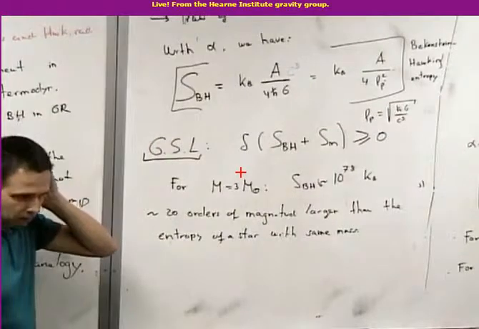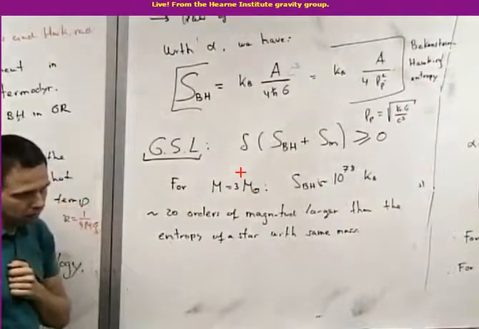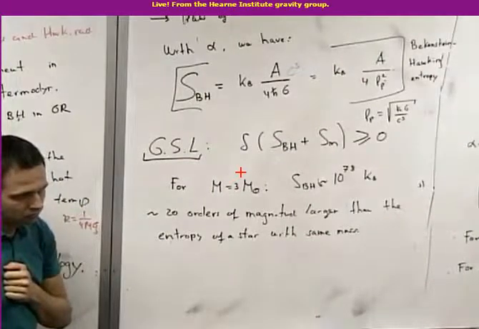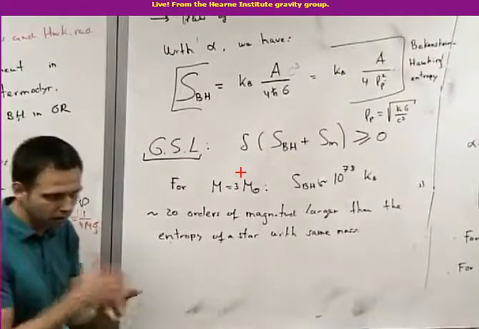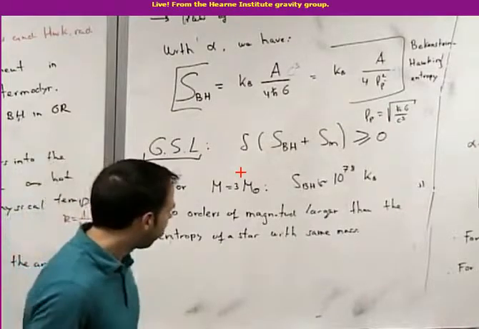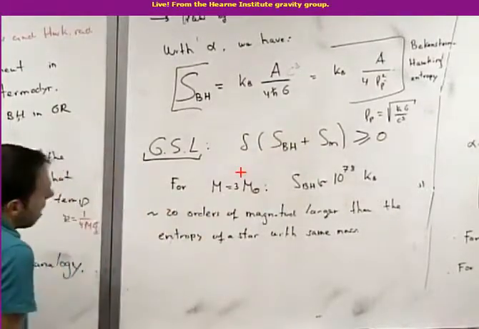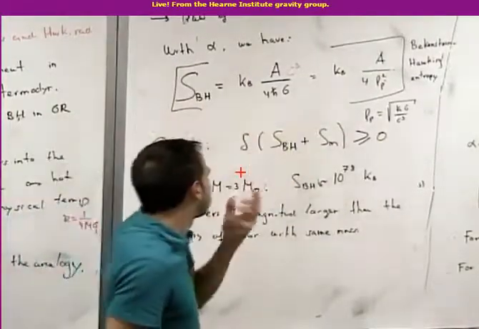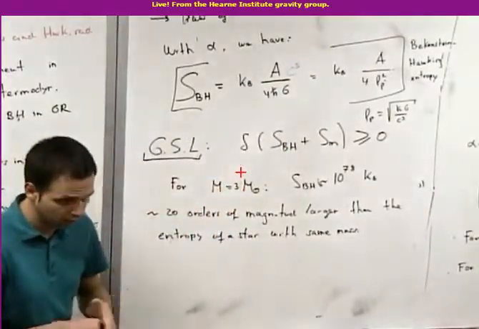But my question is, does it have something to do with having a singularity at the center, or is it just the horizon? Normally, in those computations, either in loop quantum gravity or in string theory, the singularity doesn't play a role. I believe that this entropy has more to do with quantum geometry itself than with singularities.